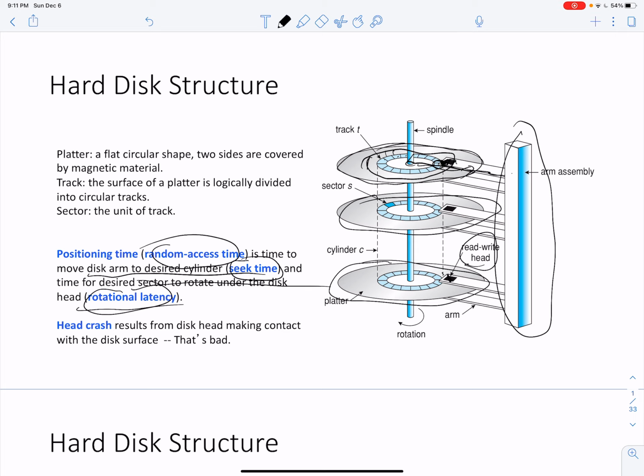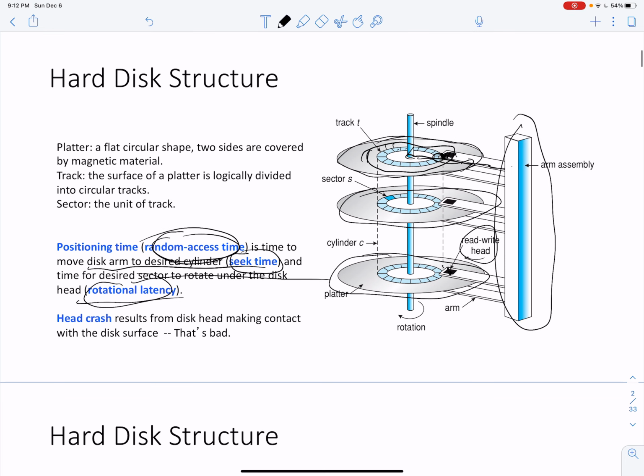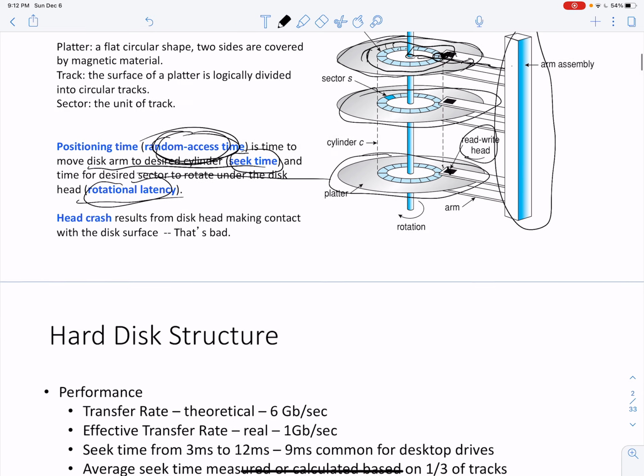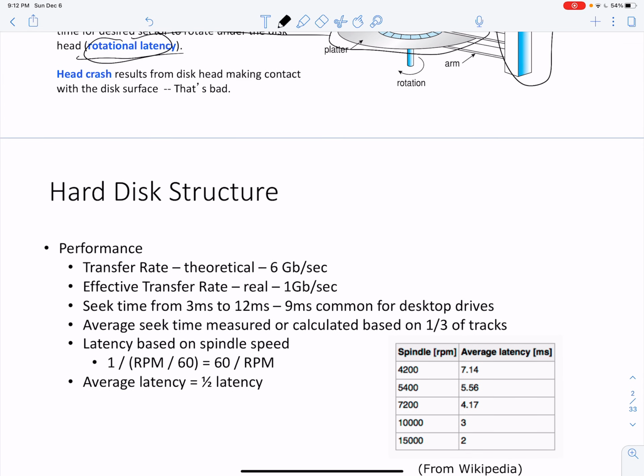You don't need to remember the definitions of them, but you need to remember the random access time. It is the latency for you to find the certain data or file that you want to read. Every hard drive comes with such a time. Pay attention to that. We want this time to be as low as possible, and it depends on a lot of factors, for example the transfer rate, how fast your hard drive can read and write data.